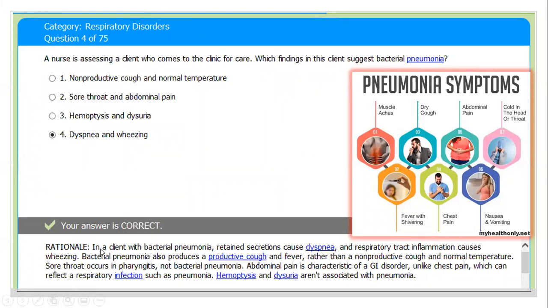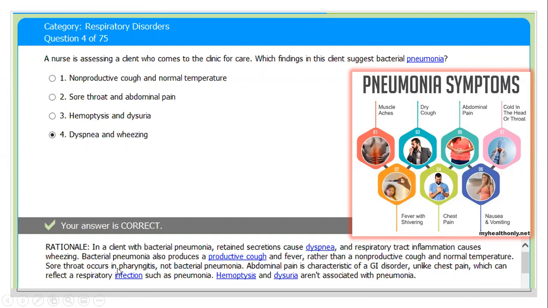The rationale says in a client with bacterial pneumonia, retained secretions cause dyspnea. Also, respiratory tract inflammation causes wheezing. Bacterial pneumonia also produces a productive cough and fever, rather than a non-productive cough and normal temperature.